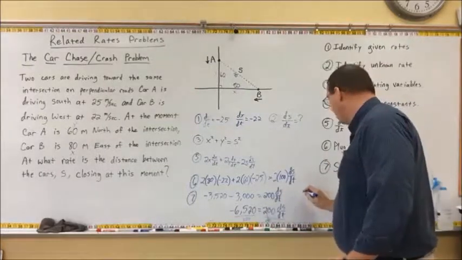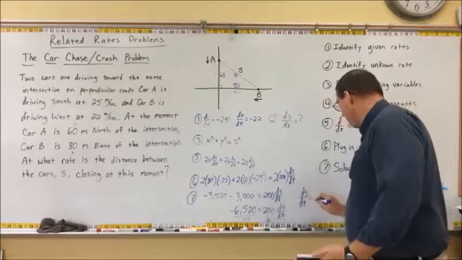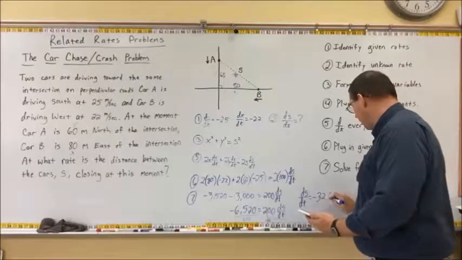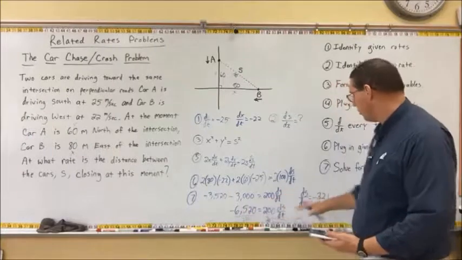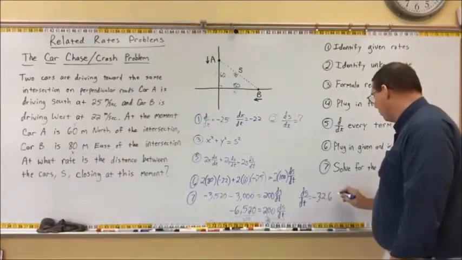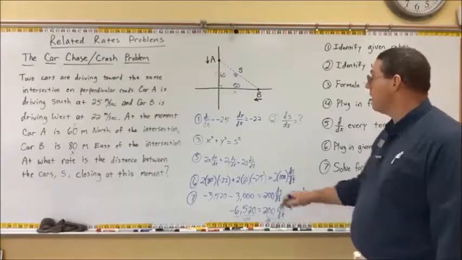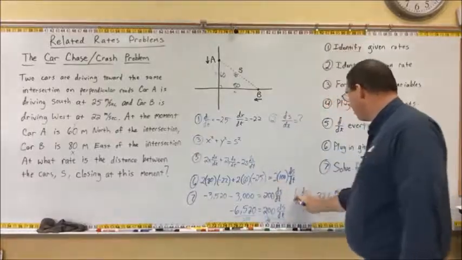So ds/dt, the rate of change between the cars, is negative 32.6. And you could also write that as a fraction. You could simplify this fraction. But negative 32.6 meters per second. And because it's a negative value, we know that the distance is closing. And so there's our final answer.